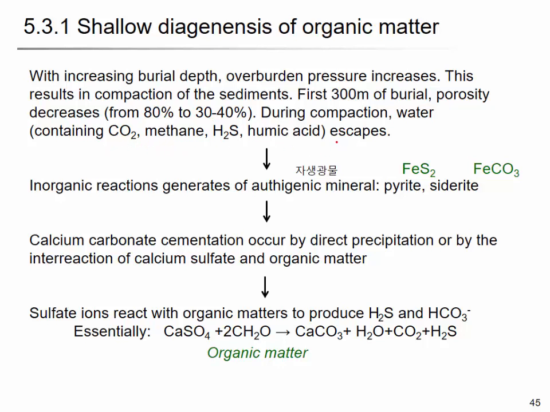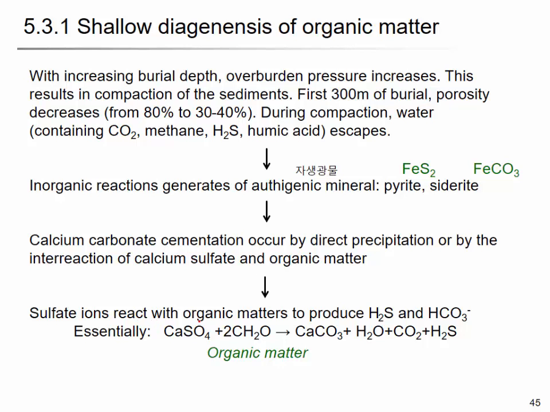Water is being expelled, but this water contains CO2, methane, hydrogen sulfide, and humic acid. And inorganic reaction generates authigenic minerals, pyrite and siderite. And calcium carbonate cementation occurs by direct precipitation or by the interaction of calcium sulfate and the organic matter.